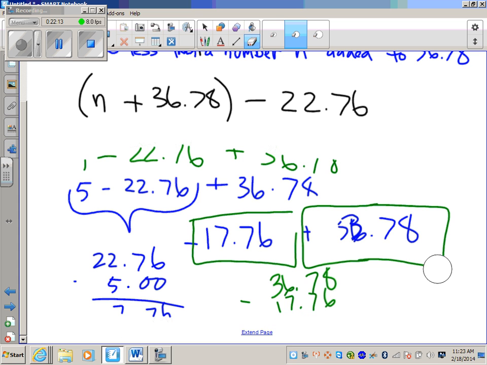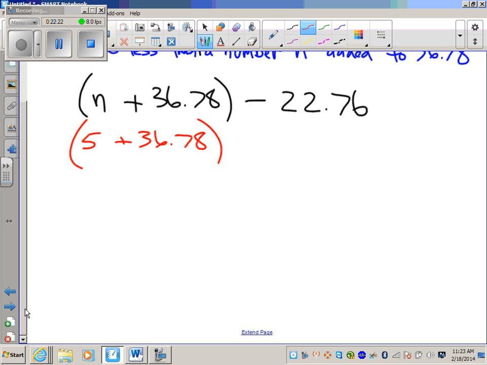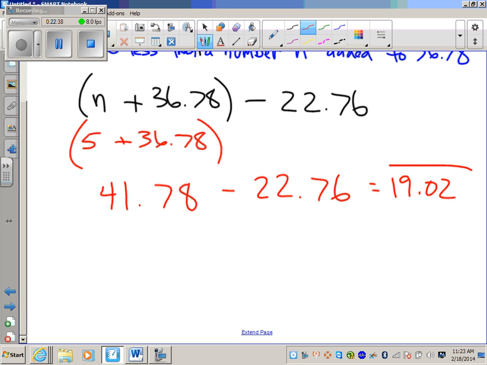Now, if we do it this way, and I say, okay, 5 plus 36.78, right? I'm going to get, what, 41.78 minus 22.76. I'm still going to get 19.02.